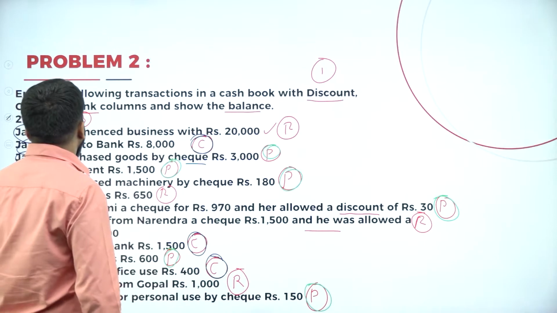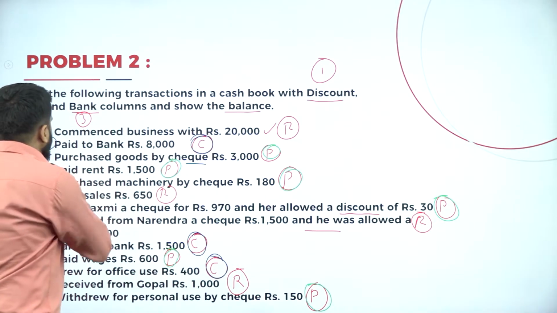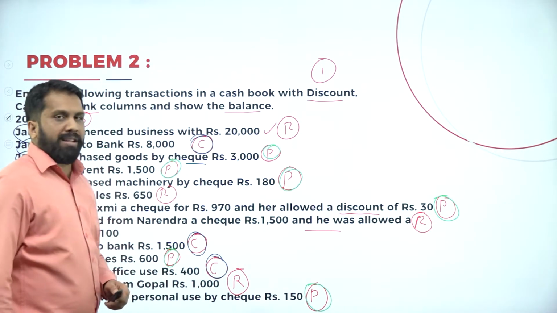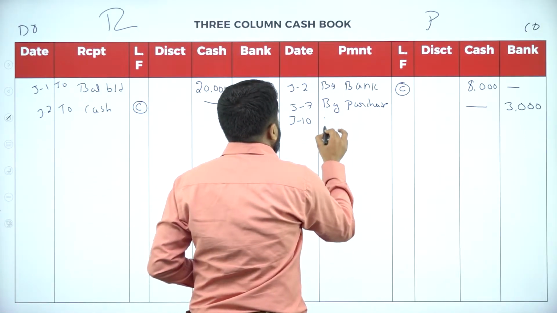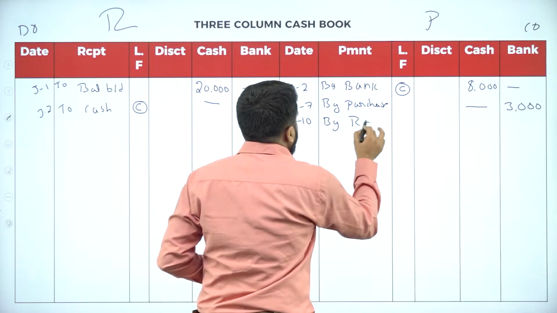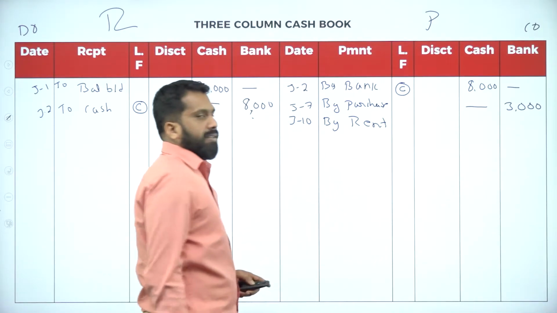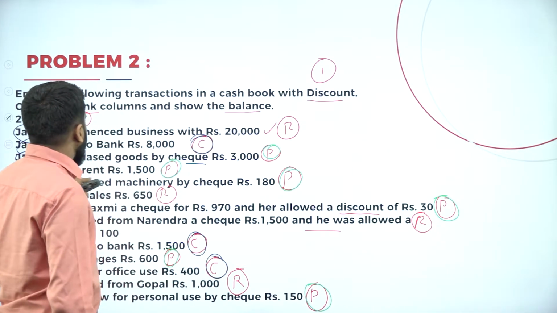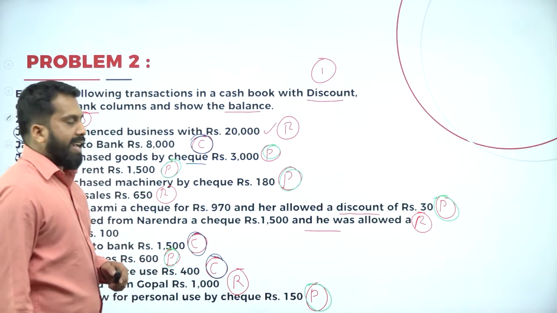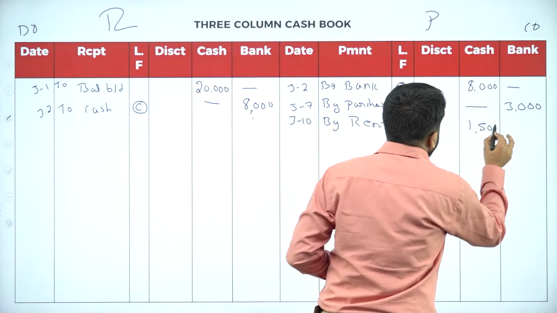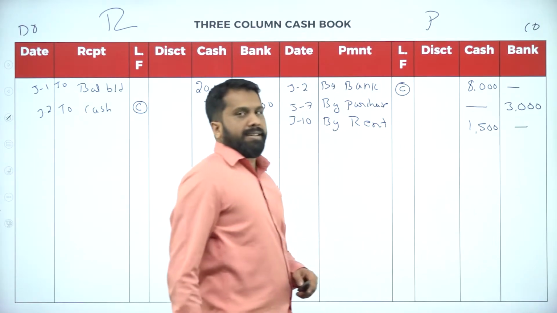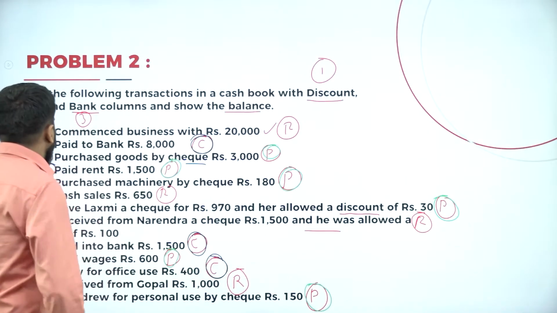Next, January 10th, paid rent 1000. Again, payment. January 10th, by rent. Have they mentioned check? No. So then it will come under cash column. This is done. Now, next.